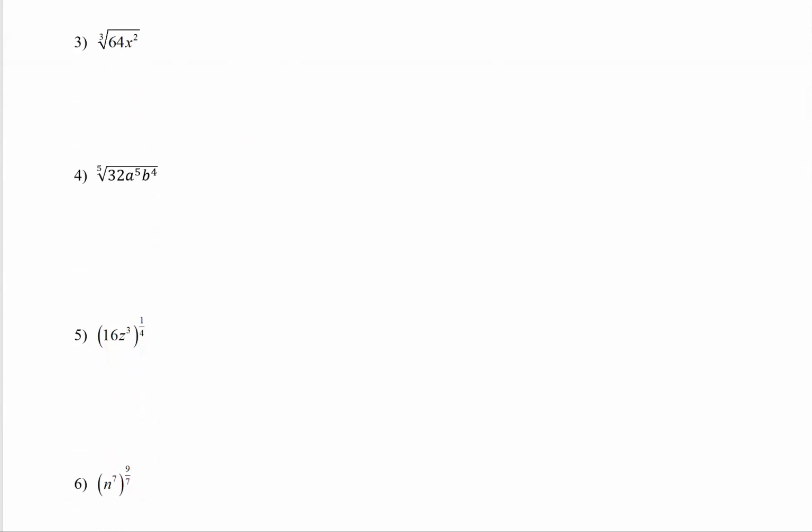Number 3. We are looking to take the 3rd root or the 1/3 power. 64 to the 1/3 is the cube root of 64, which is 4. And then a power to a power, you multiply.